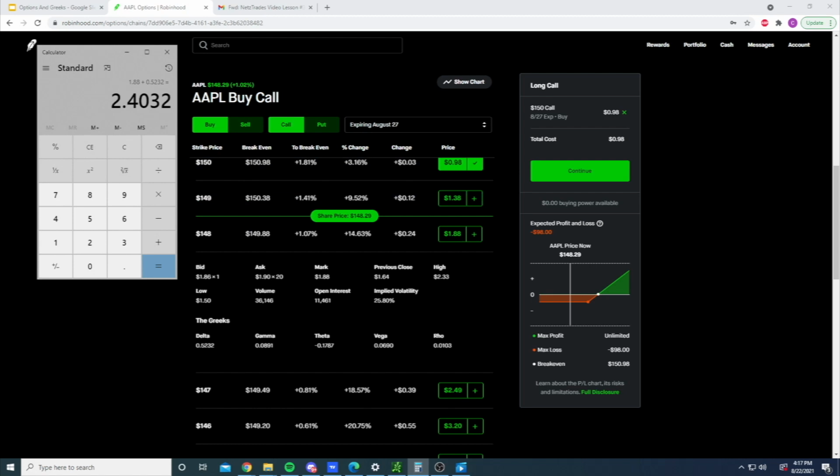If Apple were to go down $1, we have 1.88 as the current price, and we would subtract 0.5232, meaning delta is subtracted from it because Apple went down. Since these are call options, when the stock price goes down, the option's price also goes down. So that's how delta is calculated into that.